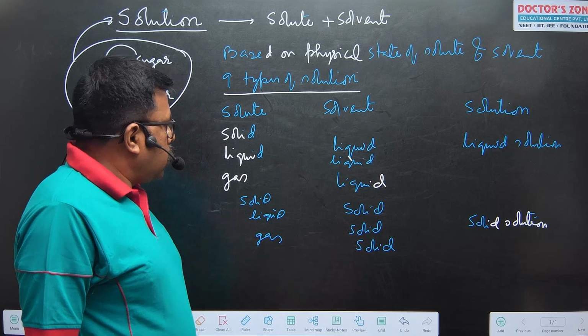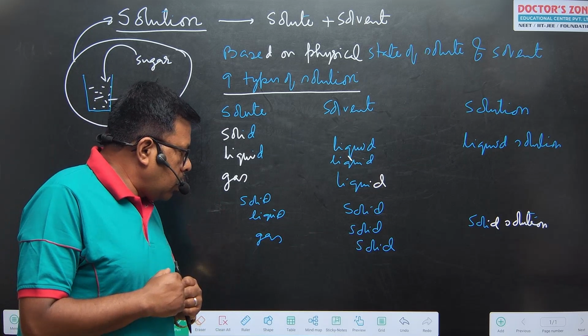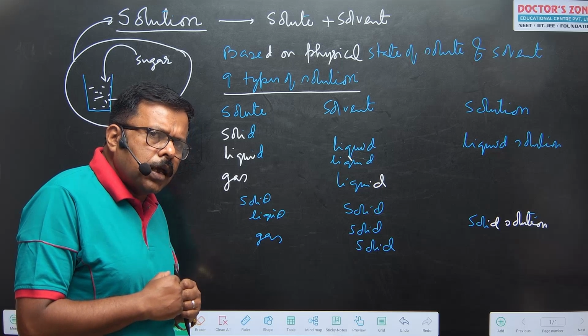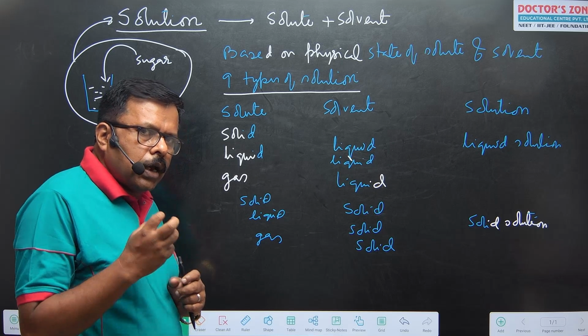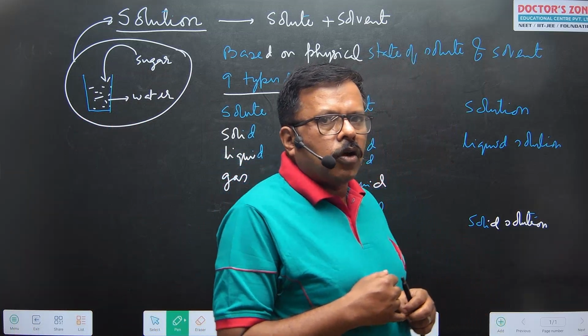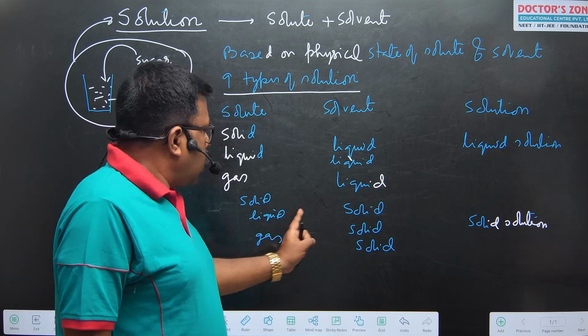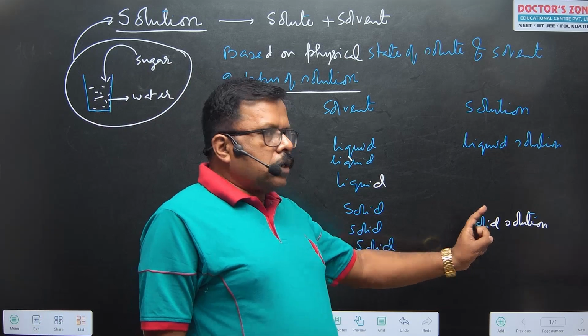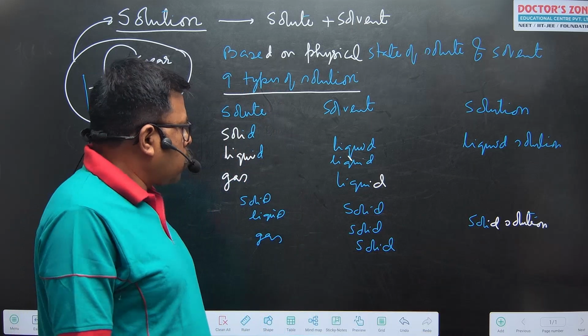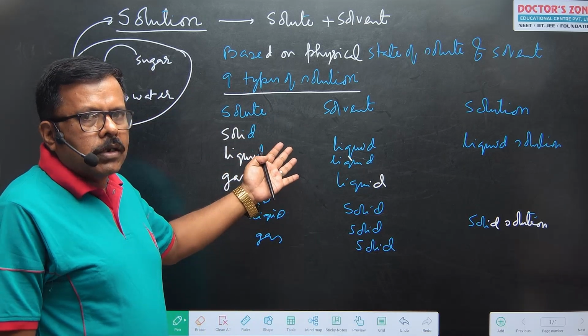Gas in solid: suppose hydrogen gas can be absorbed by a metal called palladium. Hydrogen in palladium is also a solid solution. So here we have already discussed the 6 types of solution.